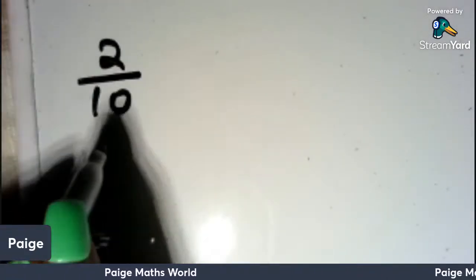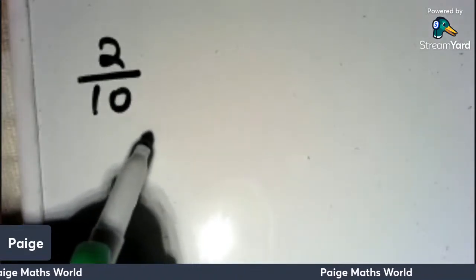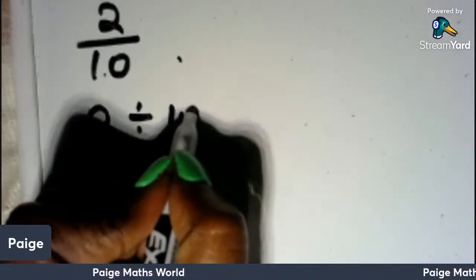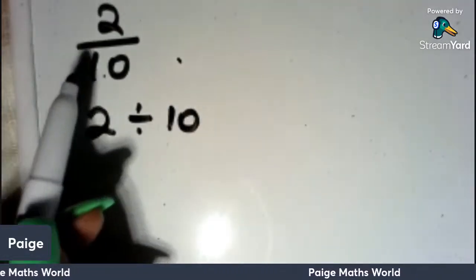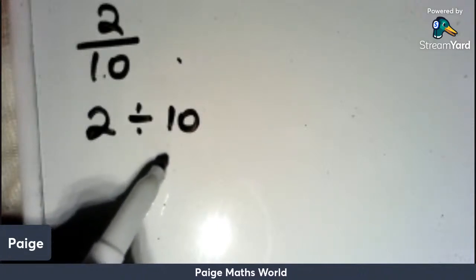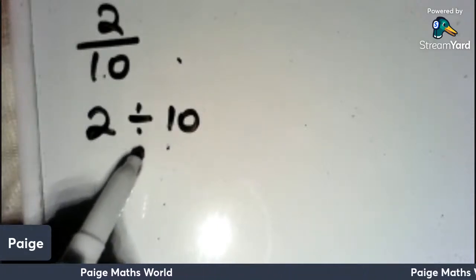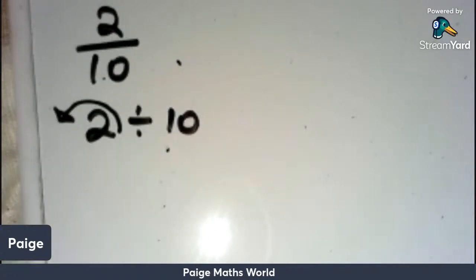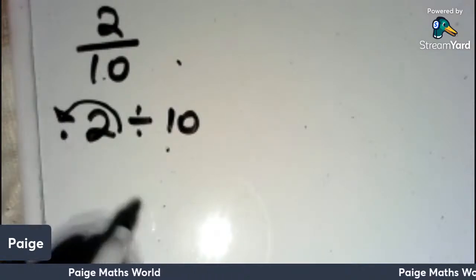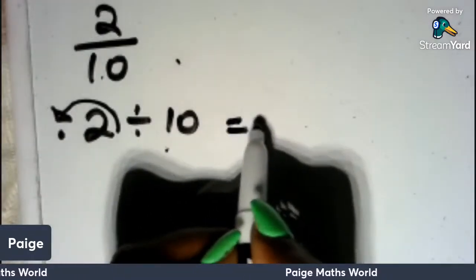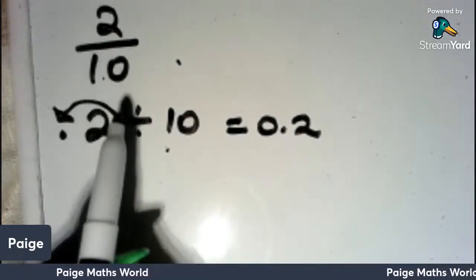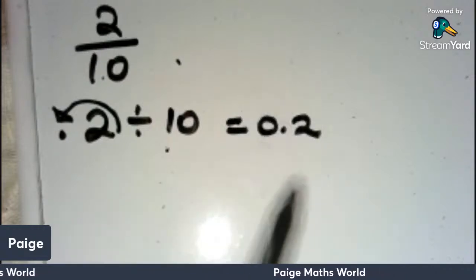We have, say, 2 upon 10, and we want this as a decimal. It simply means you're going to divide by 10, right? That's what this is saying. So 2 upon 10 is the same thing as 2 divided by 10. Once you're dividing by 10, you're going to move one place to the left. And so our decimal point is going to be right there, and our answer is going to be 0.2. So 2 divided by 10, or 2 upon 10, as a decimal is 0.2.